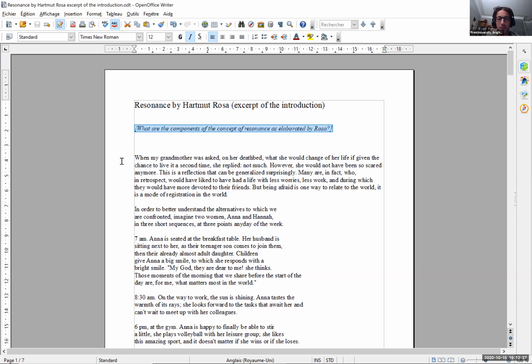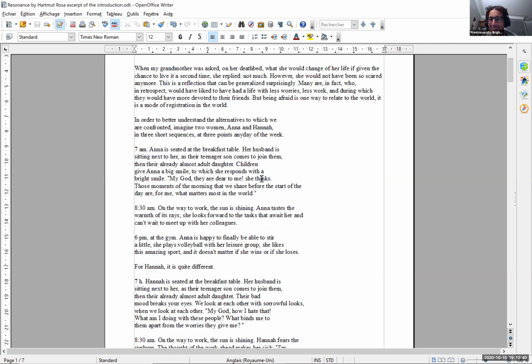In order to better understand the alternatives to which we are confronted, imagine two women, Anna and Hannah. Do I pronounce those names right? Very well. In three short sequences, at three points any day of the week. 7 a.m. Anna is seated at the breakfast table. Her husband is sitting next to her.